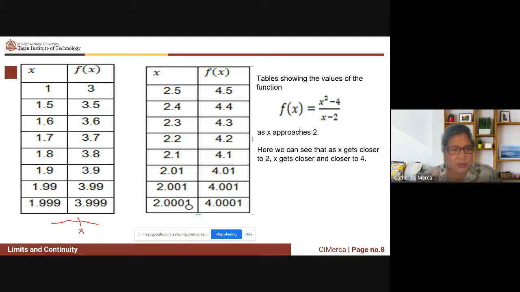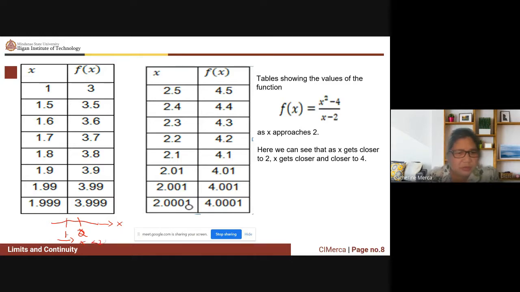So, we are simply approaching the value 2. So, if we approach x from the left, we start, say, at 1 here. Approach 2 from the left. So, x here is less than 2.